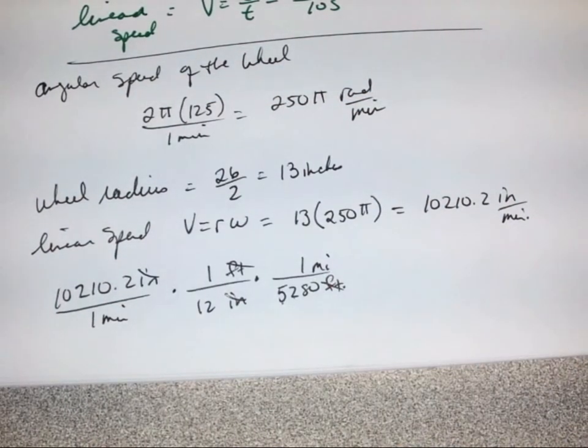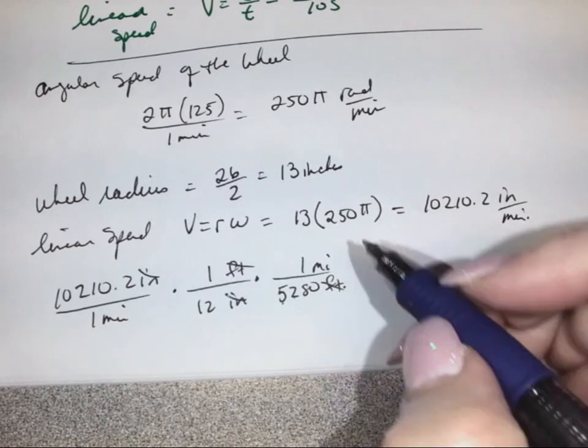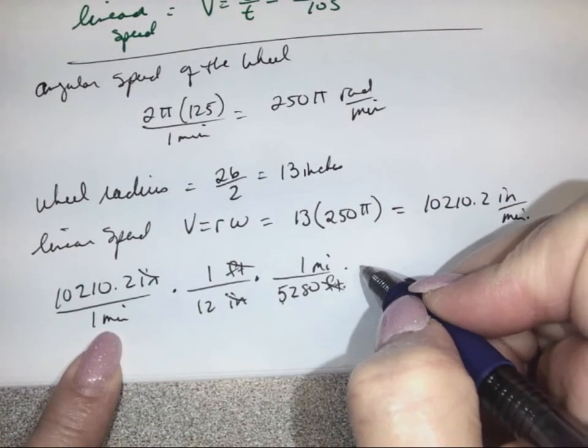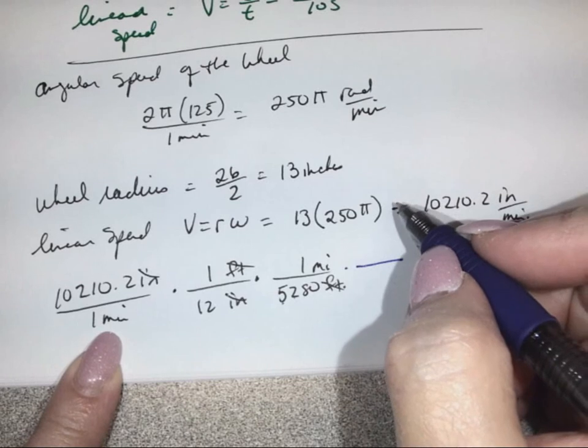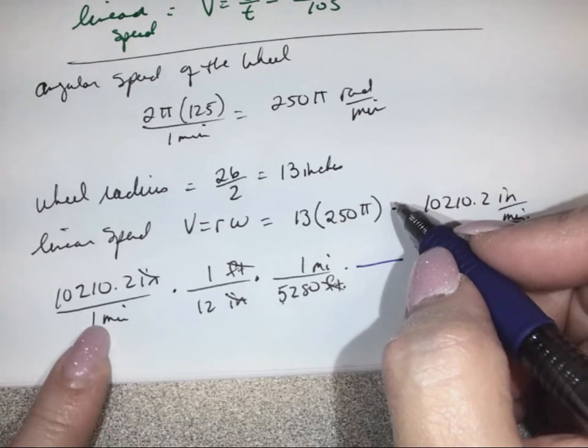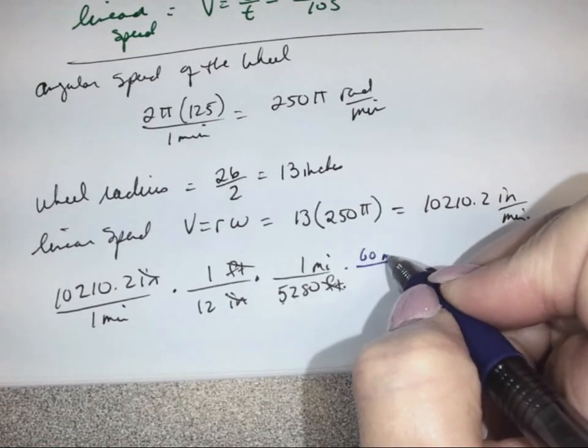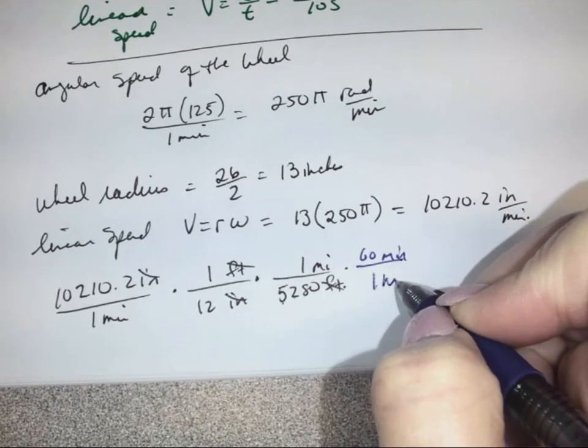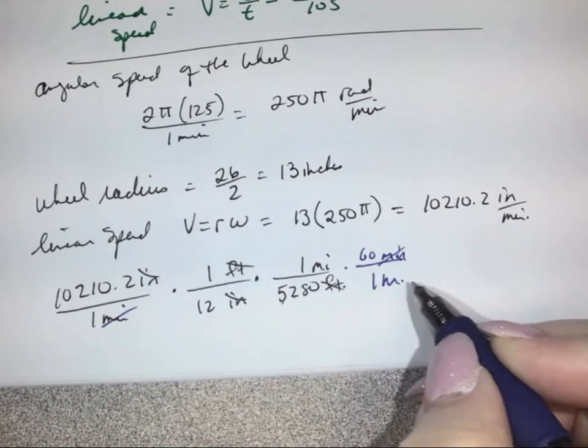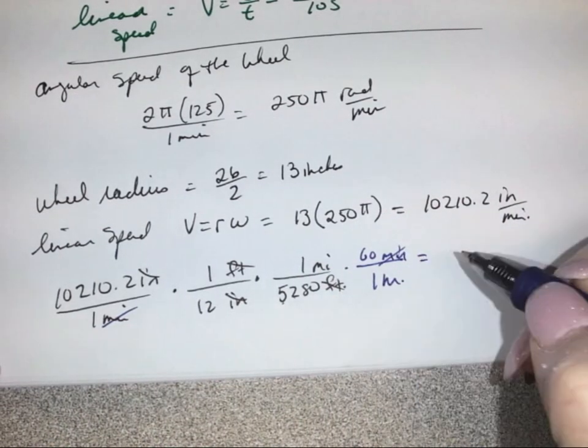Now we need to get to hours. In 1 minute, I need to get rid of my minutes, so I have 60 minutes in 1 hour. So my minutes are now canceled, and I have it in hours.